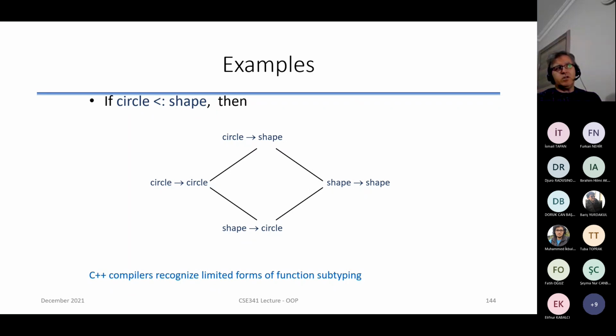So if you have a function that takes shape to shape and circle to circle, then you have a covariance relationship, right? If the circle is converted to a shape and shape is converted to a circle, then that function is doing that, and you have a contravariance relationship.